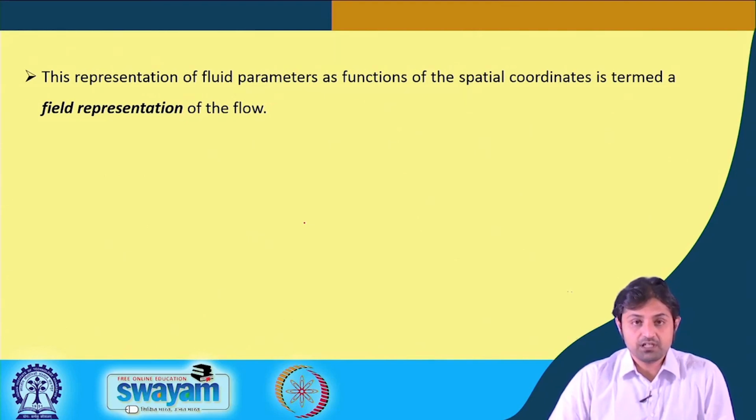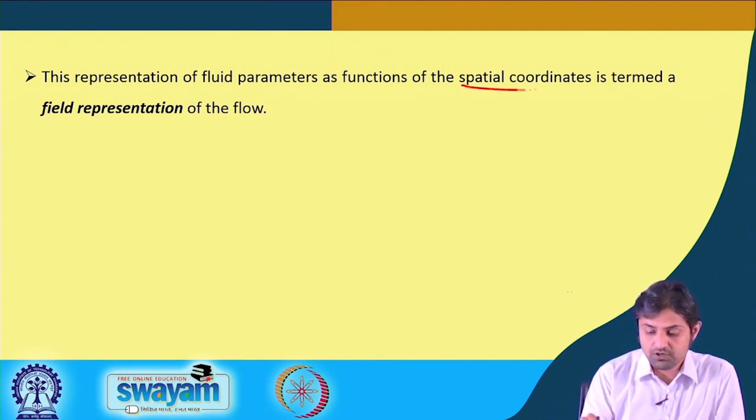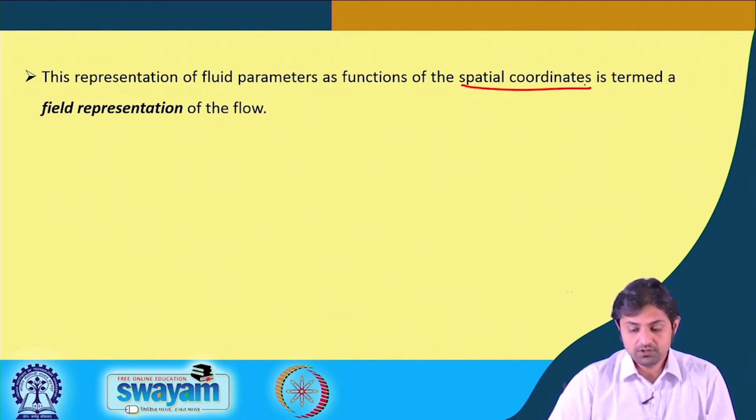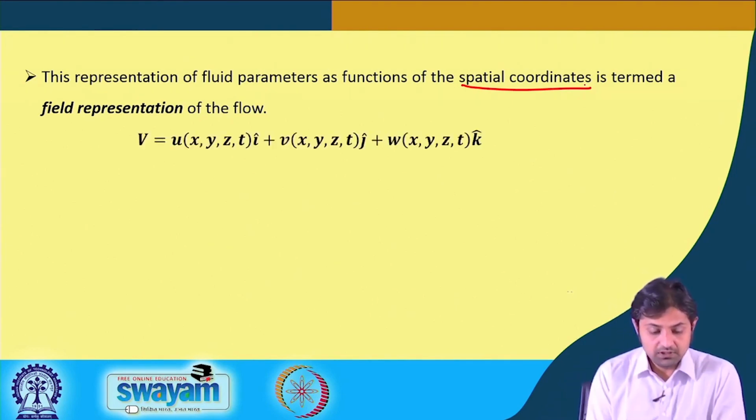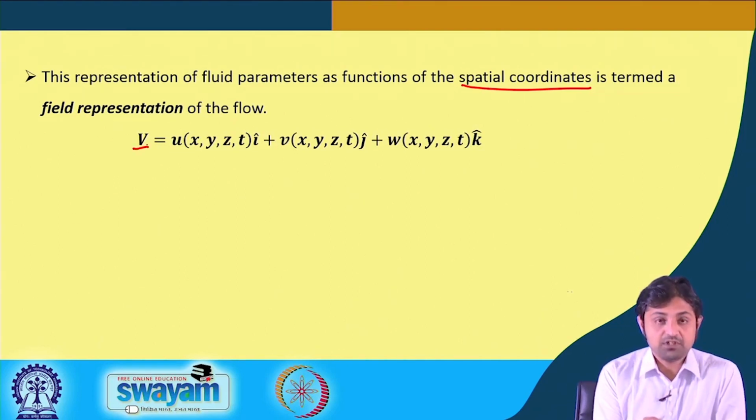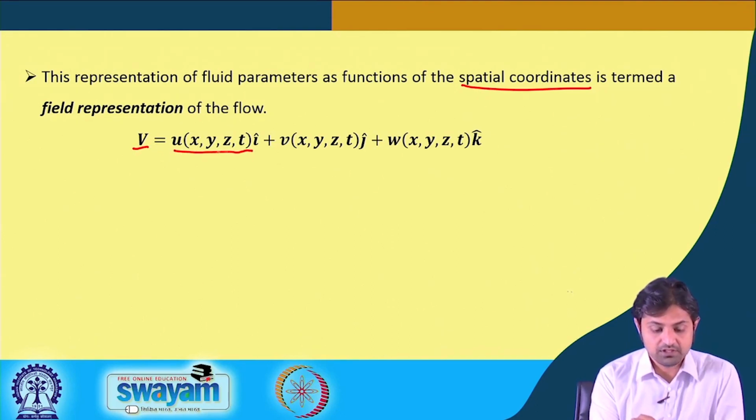So, this representation of fluid parameters as function of spatial coordinates is termed as field representation of the flow. Spatial coordinates, so that is with respect to the space, in terms of x, y and z. For example, the velocity here can be written as u, the fluid velocity in the i direction, i being the x axis, plus v in the j direction, j being the y axis, and w in the k direction.